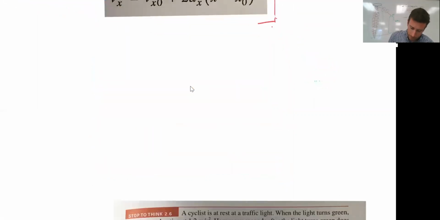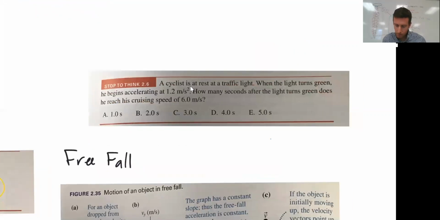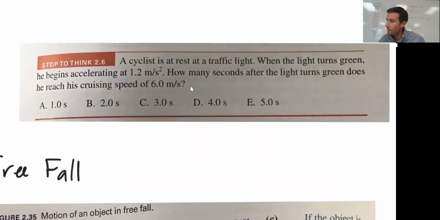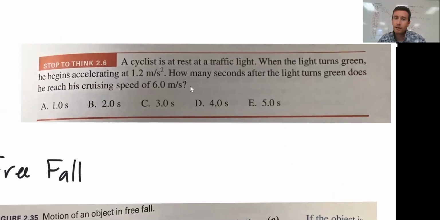All right. So if we scroll down, we get a little stop to think. For our stop to think, I've got a few equations that I could possibly use. And the question is, a cyclist is at rest at a traffic light. When the light turns green, he begins accelerating at 1.2 meters per second squared.